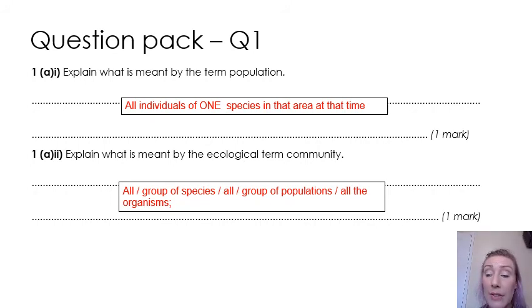So choose your definition and then just stick with it. When you're marking your own work at home, if your definitions are at an equivalent level and say the same thing, then you can give yourself the credit. But if they don't say the same thing, then you can't. They don't have to be exactly the same words, but the same level of communication.